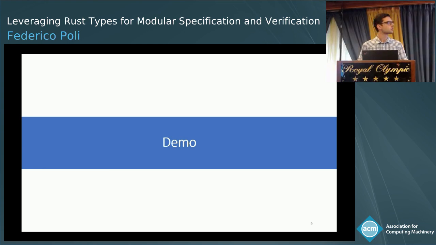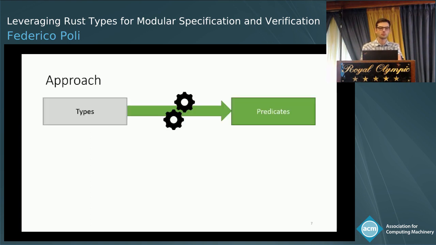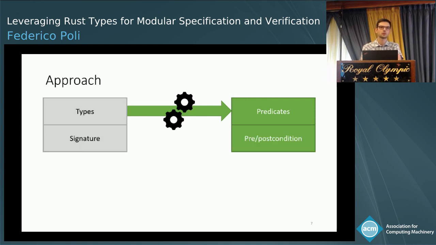Okay, so what is the approach that we use in our tool? We take some information from the Rust compiler, for example, from the type system, and we automatically encode the predicates at the proof level. From the signature of the functions, we encode the pre and postcondition that we have to specify in the proof for each function.